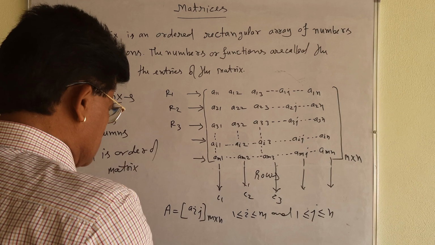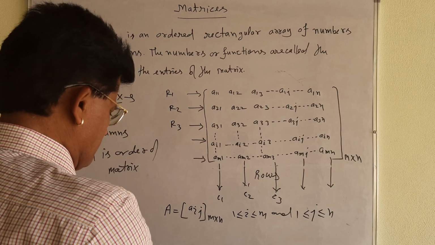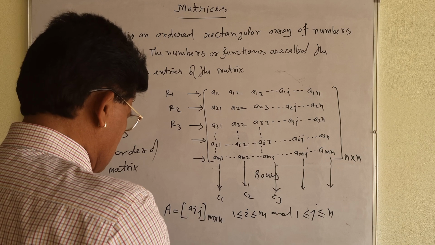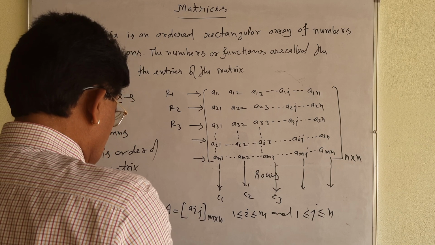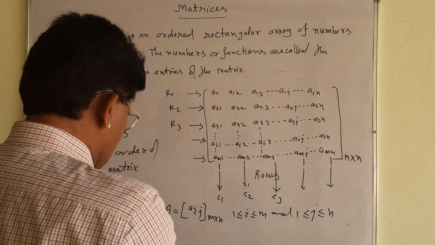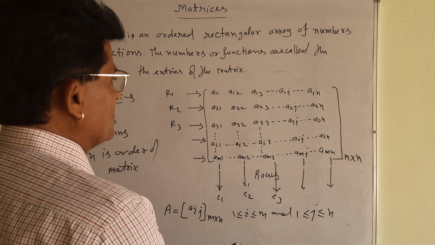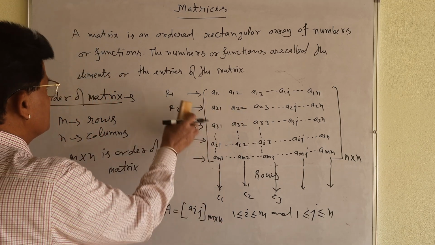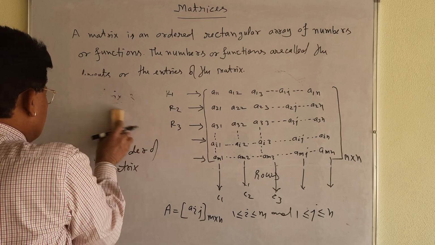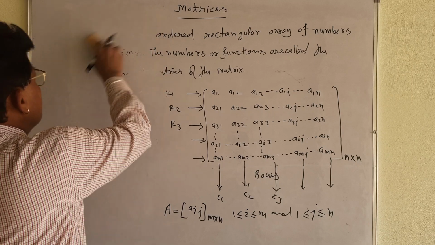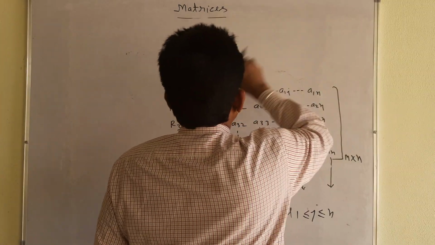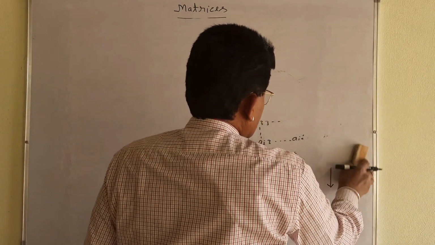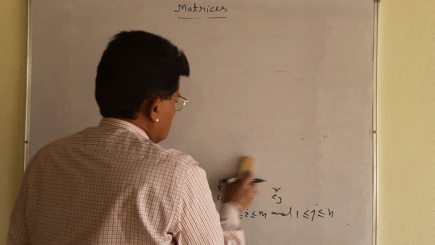Okay, let me take some questions from your book. A very important question I will take first, so that later I will take the definition, so that you must know the formula. You must keep in mind this thing, the order of the matrix.